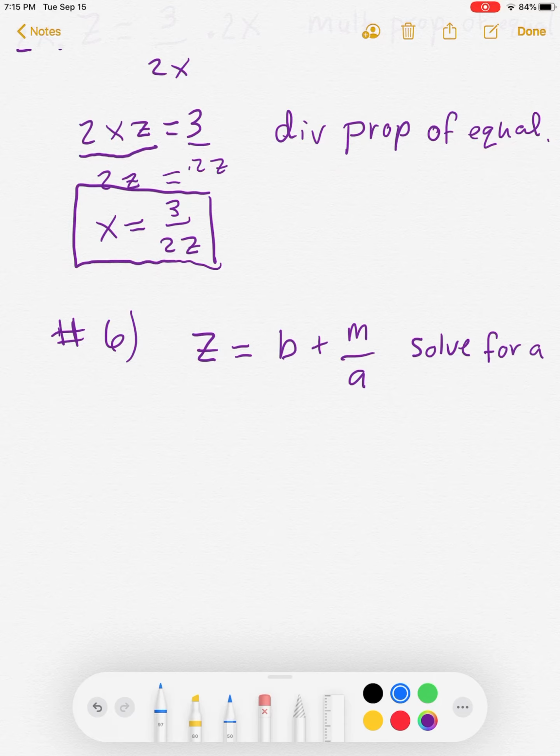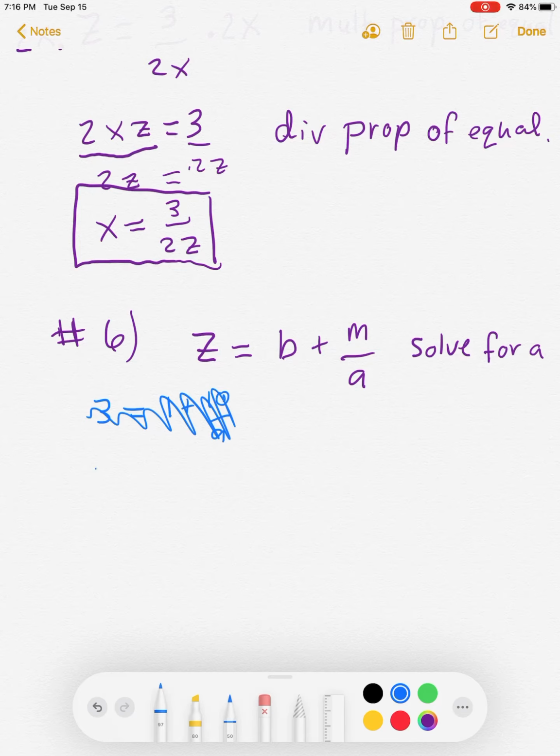Now, what's keeping a from being by itself? Well, we've got the fact that there's a b, there's an m, and the fact that the a is in the denominator. Let's go ahead and take care of the b first. The reason being, if this problem was something like 3 equals 1 plus 10 over a, the first thing we'd want to do is get rid of the 1 to the other side. So with the same logic, we're just going to do the same thing.